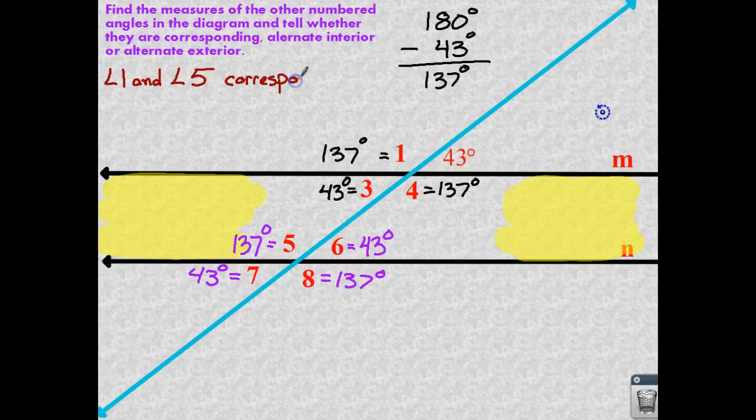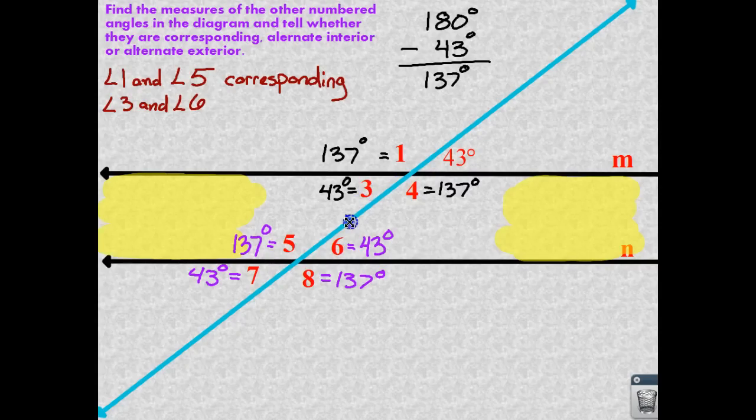I'm going to do one more for you, and then you're going to finish off all the other relationships. Okay, so how about we do angle 3 and angle 6. Now, what relationship do you see here? So we go 3, and then we go 6.